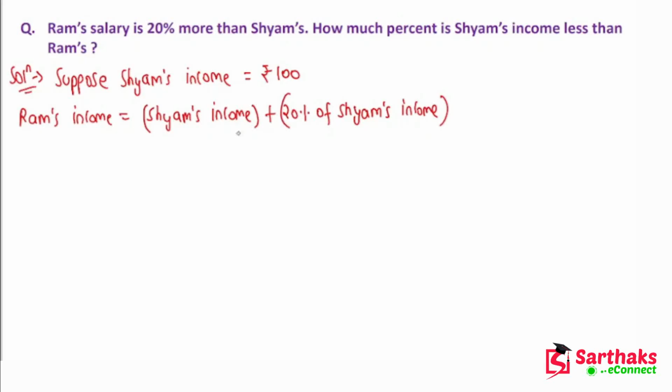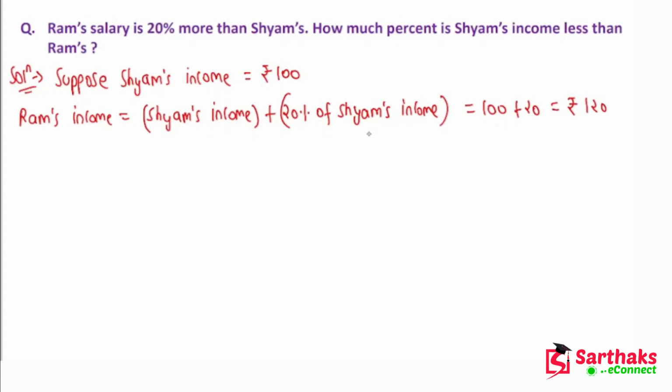Because Ram's income is more than Sham's, but by how many percent? 20%. So we are adding 20% of Sham's income so that we can get Ram's income. So it would be 100 plus 20 by 100 of 100, that is 20. So you can clearly see that Ram's income would be 120. And yes, it is satisfying the condition.